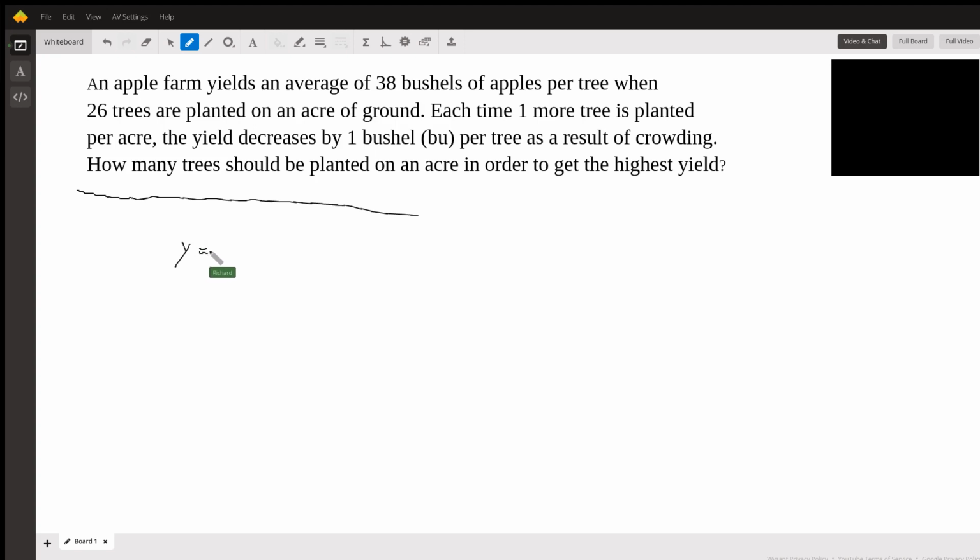The yield is going to depend on the bushels that they can get from a tree. So the baseline yield is 38 times 26. I'm going to separate them out like this. But each time one more tree is planted, the yield goes down.